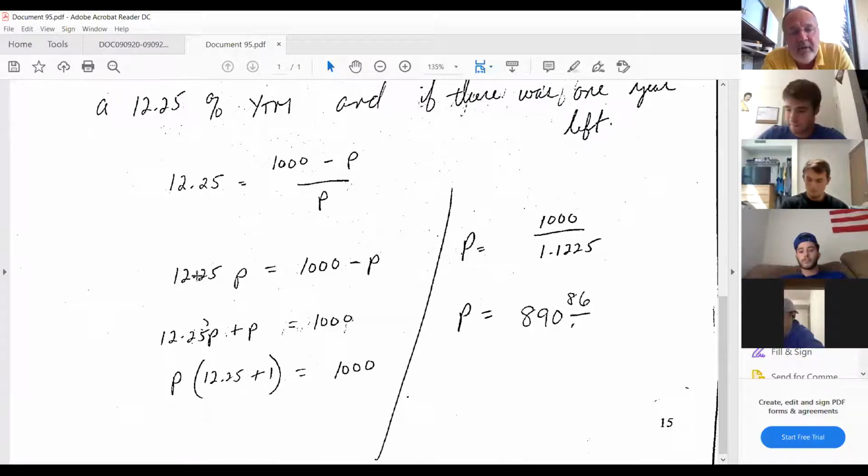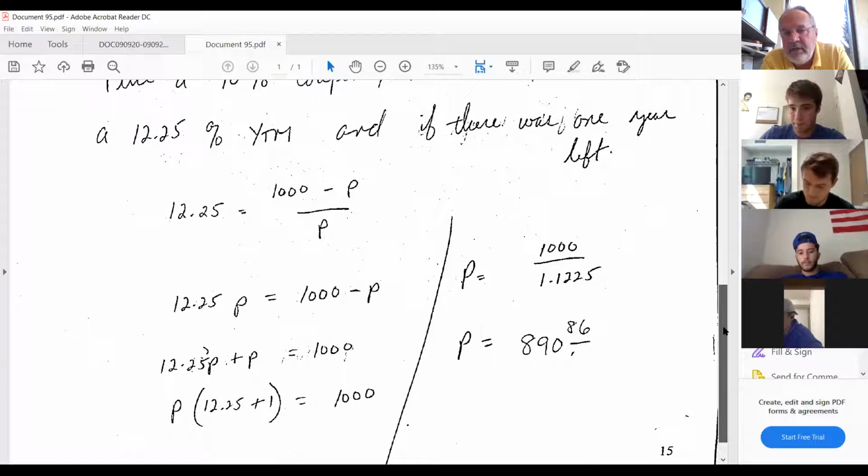That leaves you with 1,000 minus P, add the P over here, and you have P times 12.25% plus 1 equal to 1,000. So P is equal to 1,000 divided by 1.1225. So P should have been 890.86.